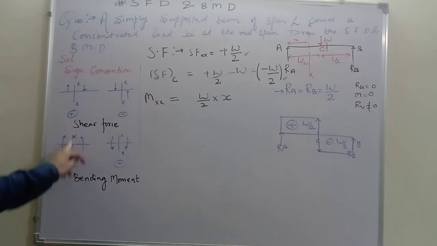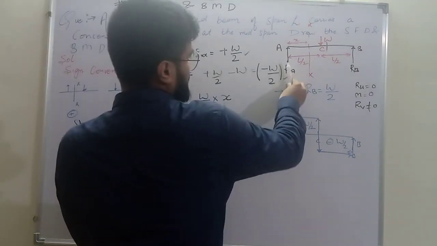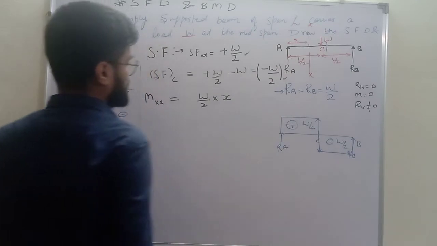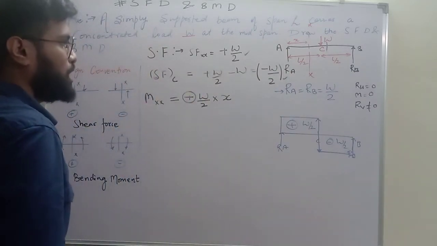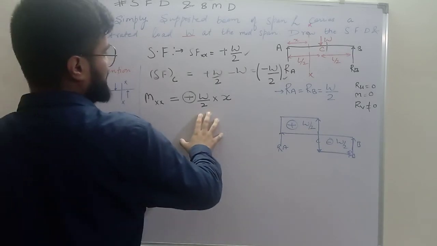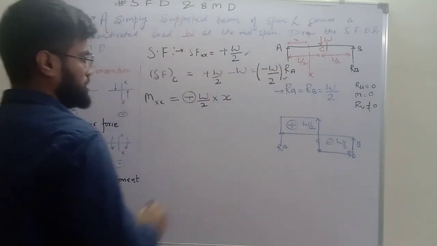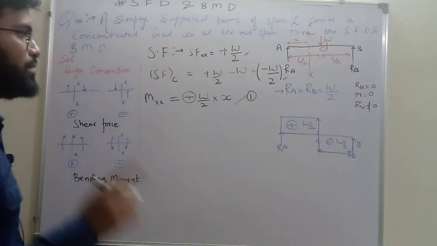This is the section, and on the left side, if a force acts to produce a clockwise rotation, we take it as positive. Similarly, this force is acting in the upward direction and tries to rotate the section in the clockwise direction, so we take this as positive. According to the convention, it will be positive. This will be the equation for bending moment from point A to point C. This is our equation 1, and we will use it to draw the bending moment diagram.